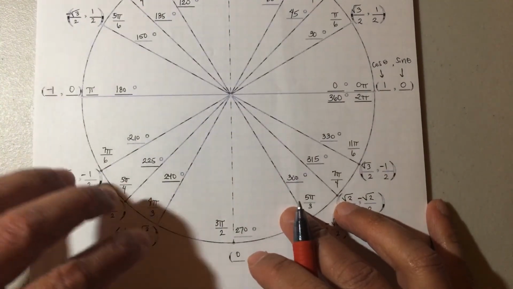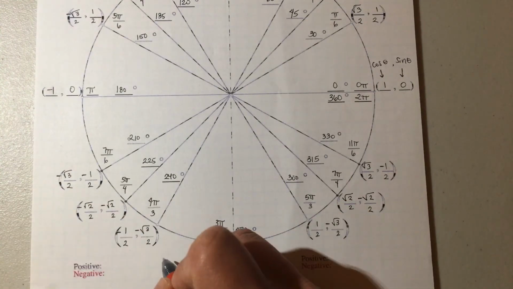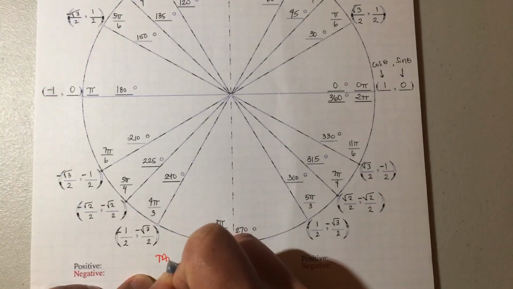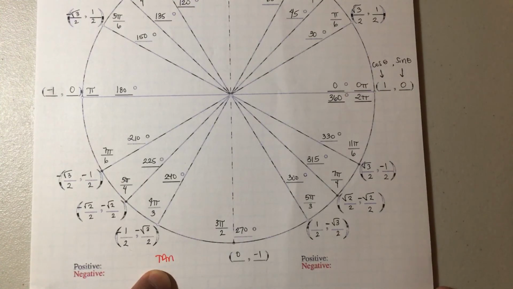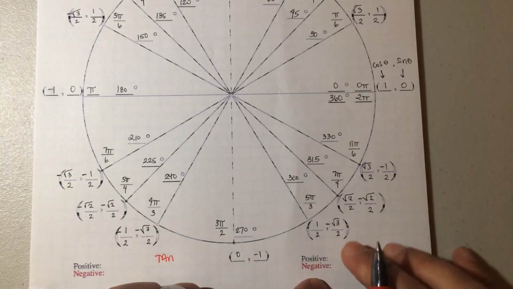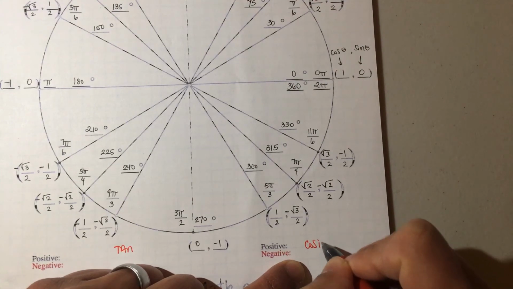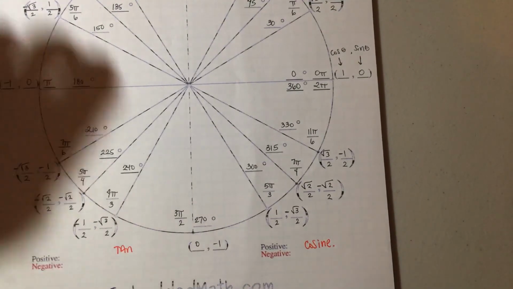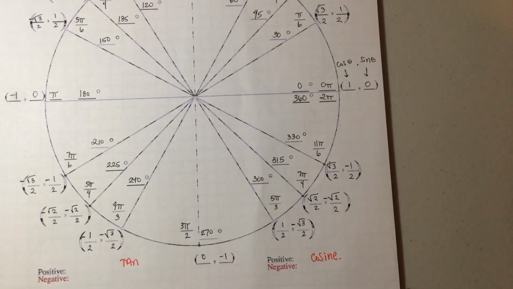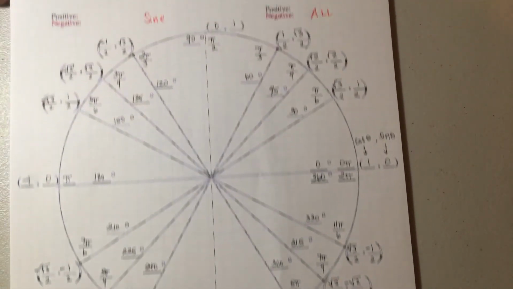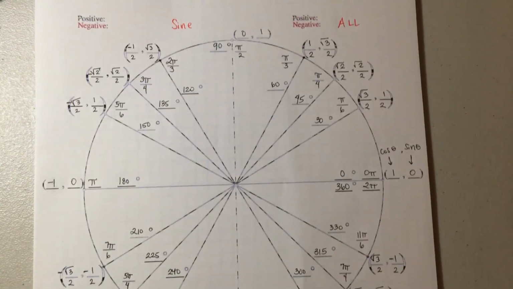Quadrant 3 is tangent. Tangent is the only one that's positive. And then the last one over here, quadrant 4, is cosine. And then some students come up with an acronym, all sin tacos, or all students take calculus or something like that.